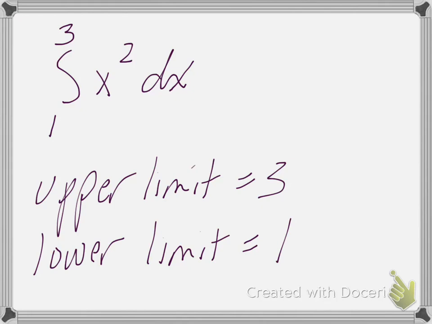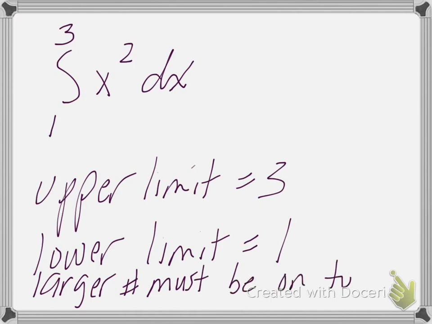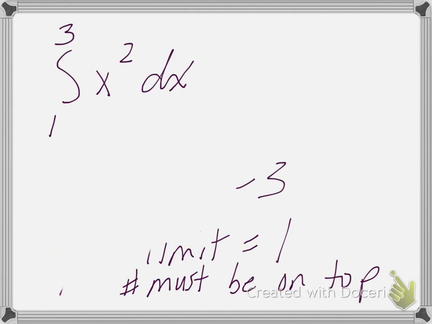Something else that's really important for you to know is that the larger number must be on top. And in the future we'll talk about what happens if the larger number is not on top, but we're just trying to get everything you need for the final right now. Okay, so let's see how we would solve it.